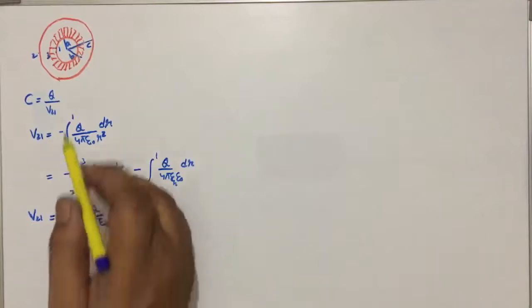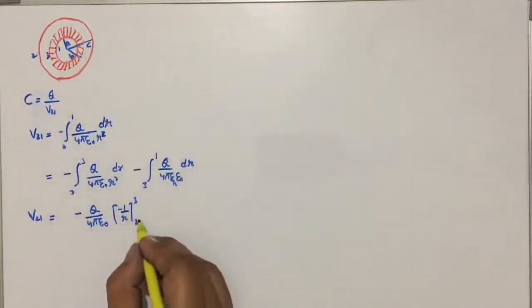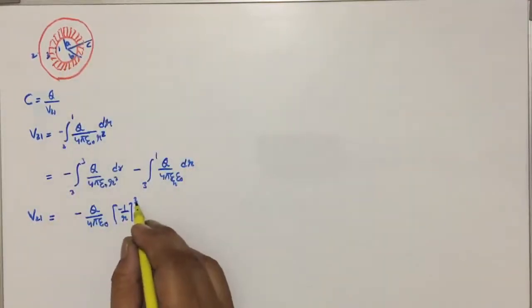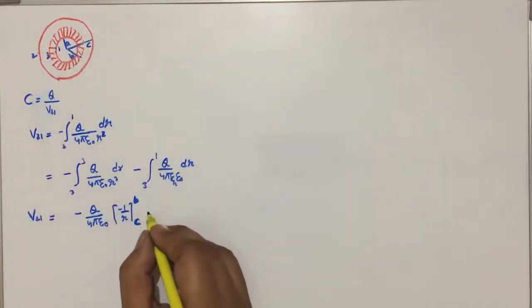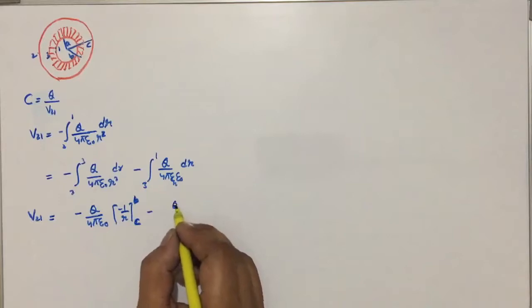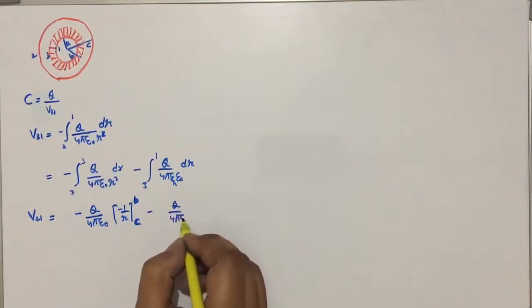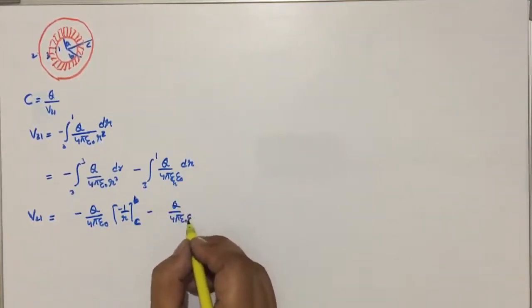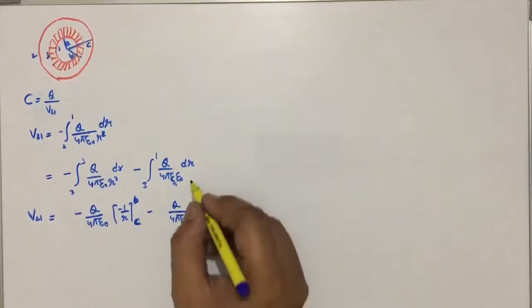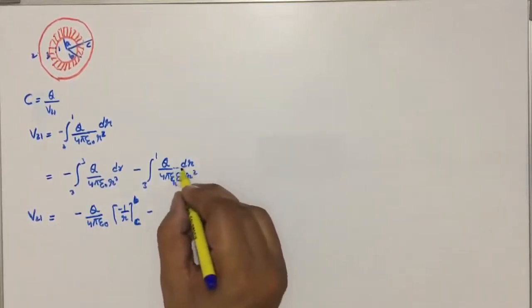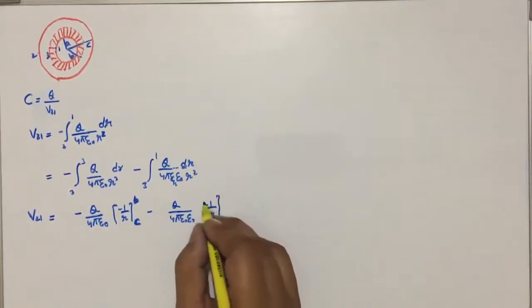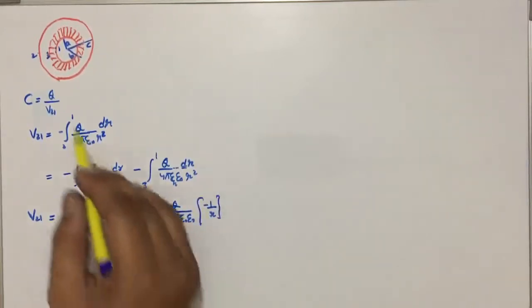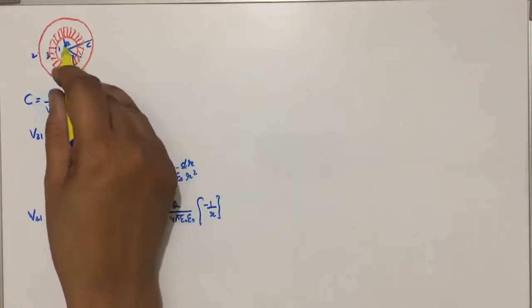Let us put the length: at 2 the length is c, and at 3 the length is b. So put b, minus q by 4 pi epsilon naught epsilon r, minus 1 by r, from 3 to 1. 3 is b, 1 is a.